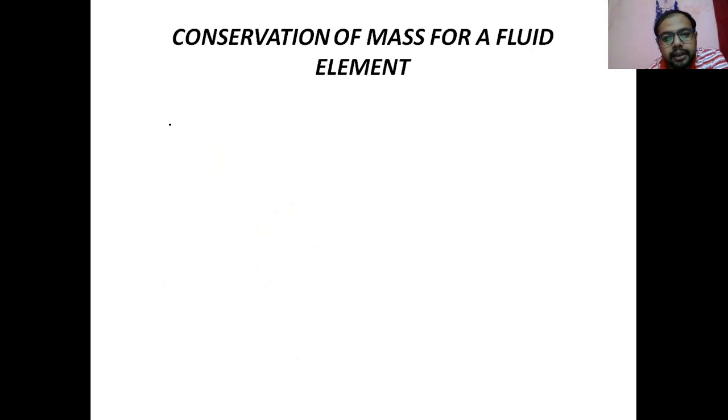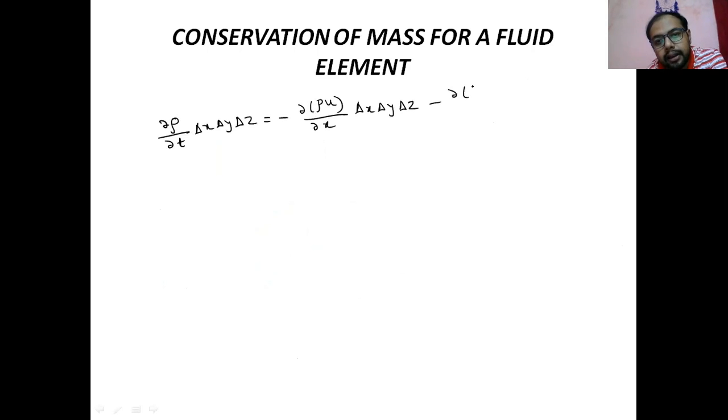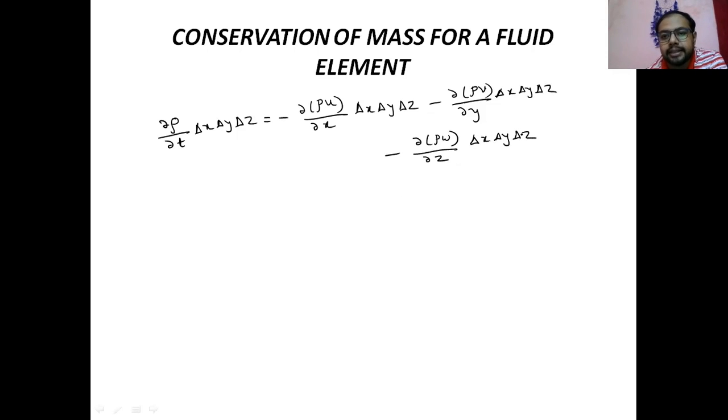So what is coming? The d rho by dt del x del y del z should be equal to the del(rho u)/dx along the x-axis, along the y-axis, along the z-axis. So the volume will be cancelled out. Volume is arbitrary. Higher order terms we are not considering.